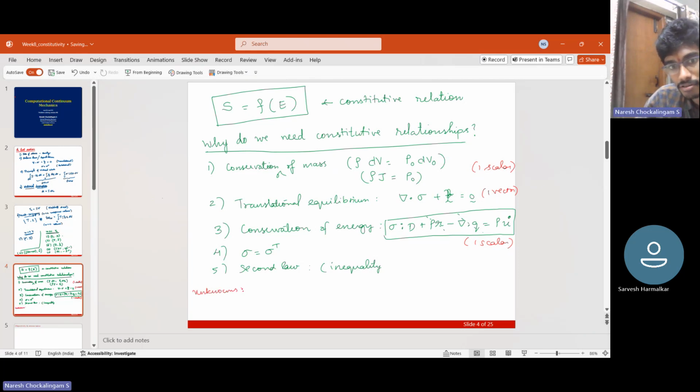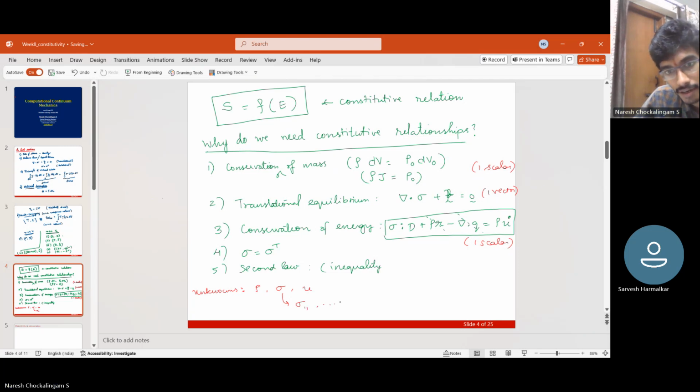If you look at the unknowns, one unknown is rho from the first equation. Then we have sigma and U. U is the internal energy. Sigma is the stress, which is symmetric and has 6 components.